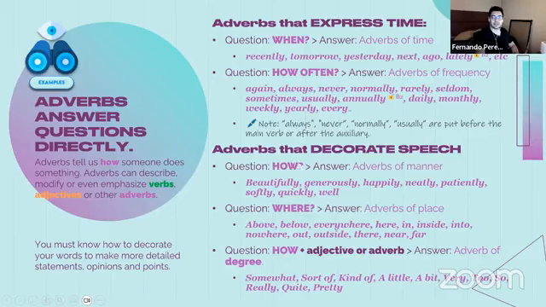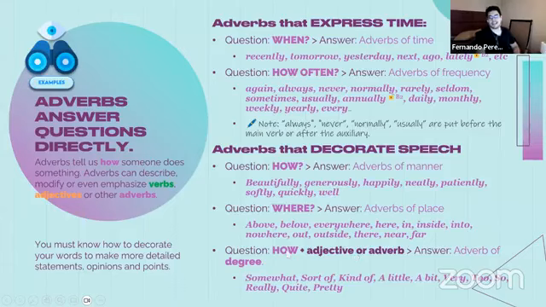They answer the question how. Then we have the question where. When we are talking about adverbs of place, don't confuse them with prepositions of place. They are very similar, but here we have above, below, everywhere, here, there, in, etc. And then we have how plus another word.